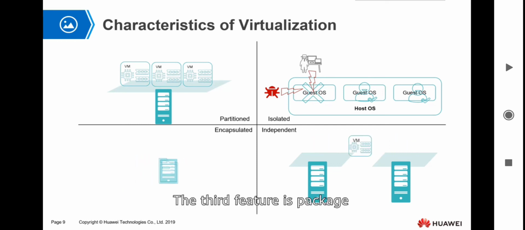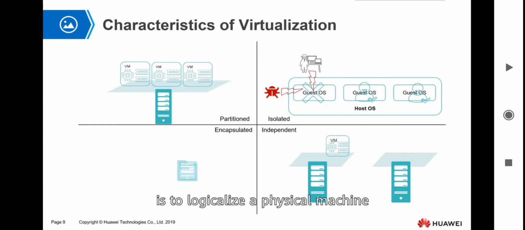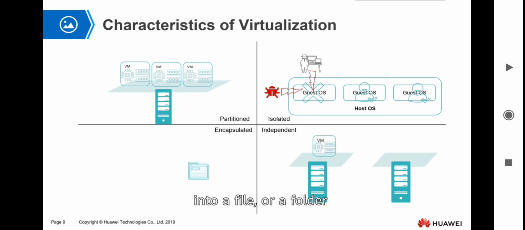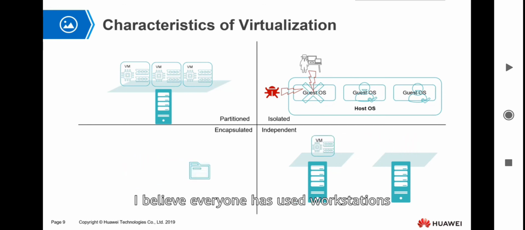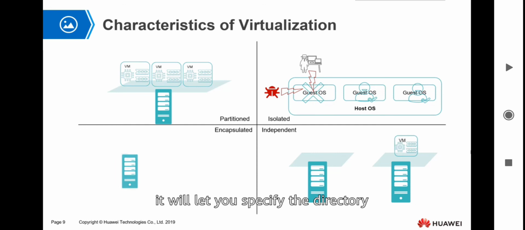The third feature is packaging. The biggest instance of virtualization is to localize a physical machine into a file or folder. I believe everyone has used workstations. Every time you create a virtual machine on the workstation, it will let you specify the directory.